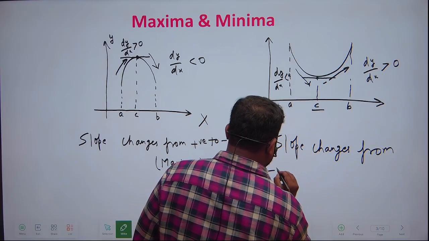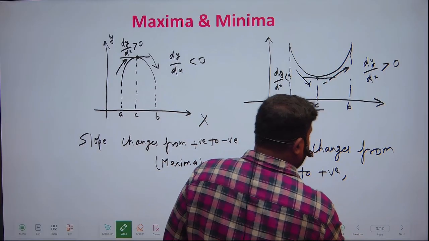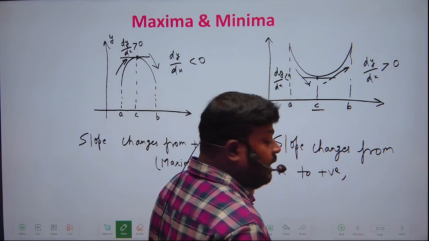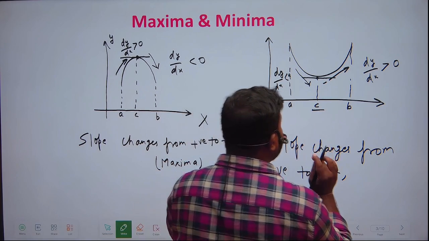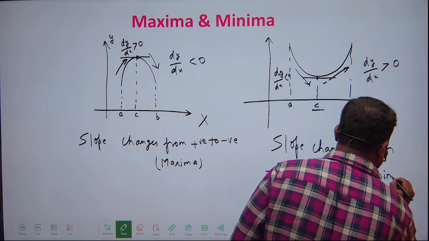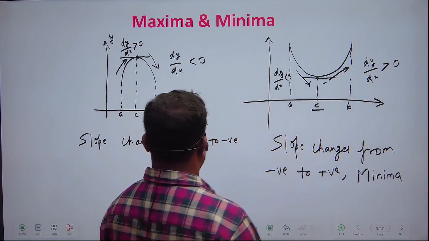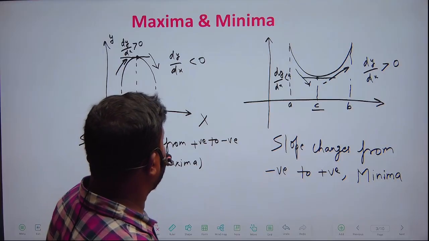What is the meaning of this? It means the graph has a minima, or you can say this function has a minima. Now I hope you understand what is the minima and what is the maxima.